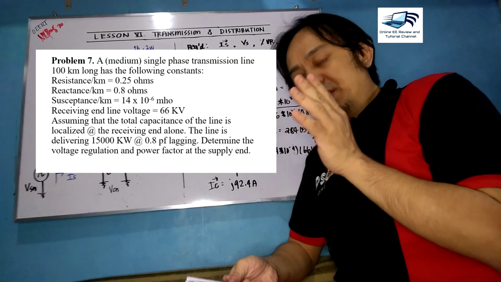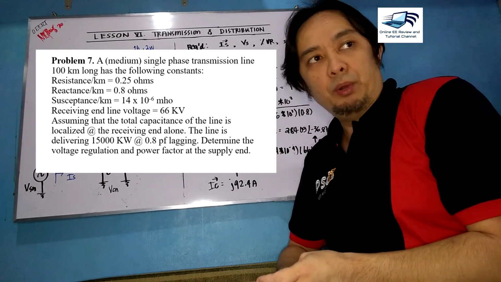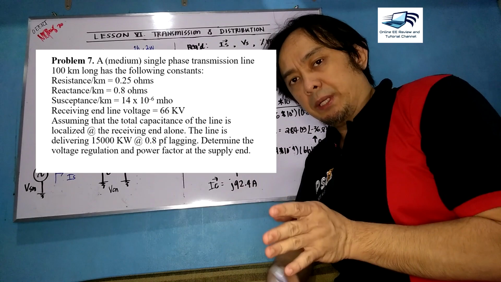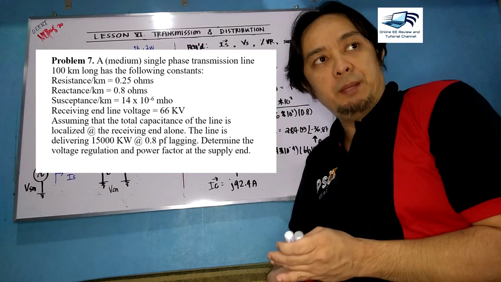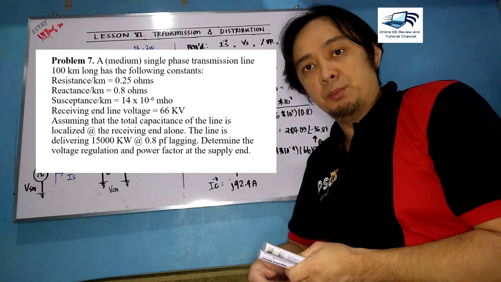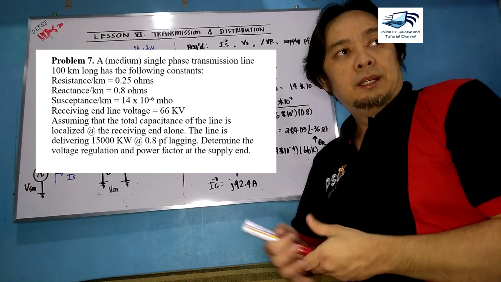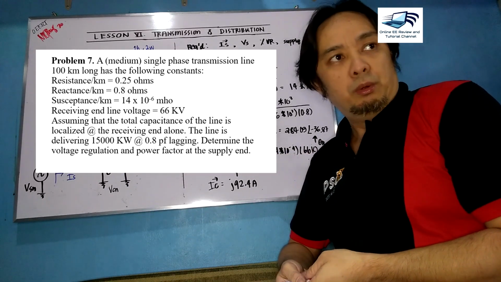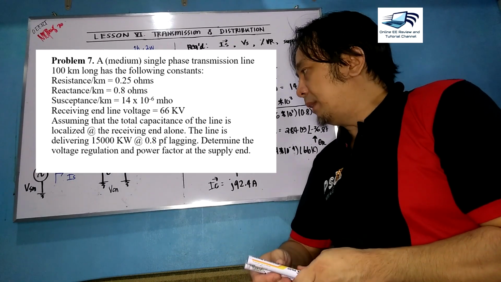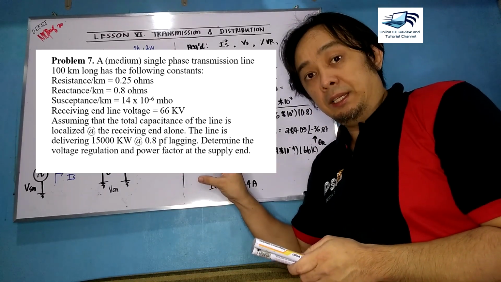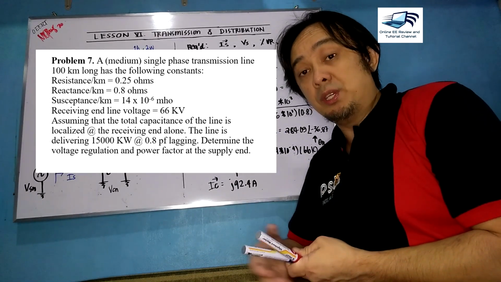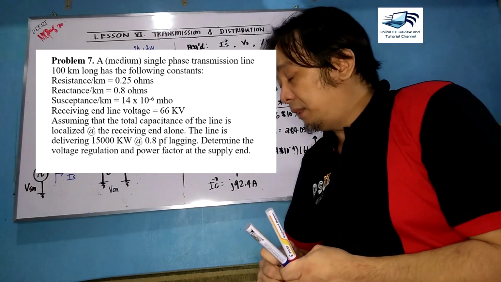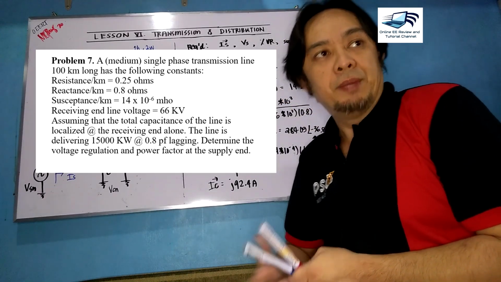First, you have the resistance per kilometer of 0.25, reactance per kilometer of 0.8, the susceptance per kilometer 14 times 10 negative 6 mhos, and the receiving voltage is 86 kilovolt. We assume that this problem is already in an end condenser mode, which is the capacitance is concentrated at the receiving end of the line.